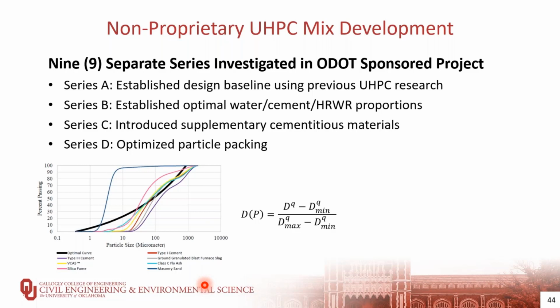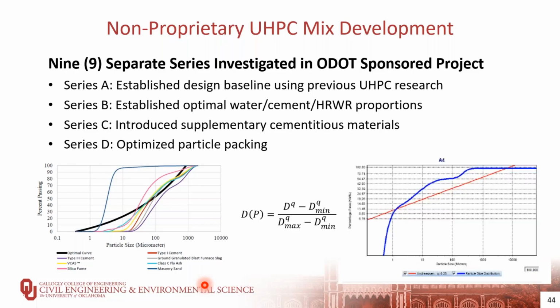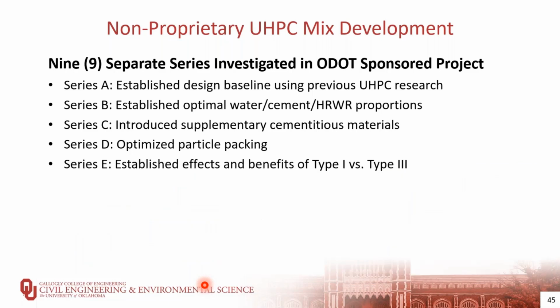And we looked at optimizing those with the Andreasen and Andersen particle packing model. We used the EMMA software from Elkem initially to look at optimization relative to that particle packing model. We also developed a spreadsheet to do that where we could see the numbers more easily. We looked at about 3,400 different possible combinations that resulted in about 150 actual mixes that we tested.